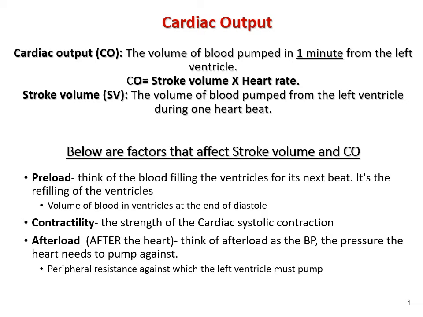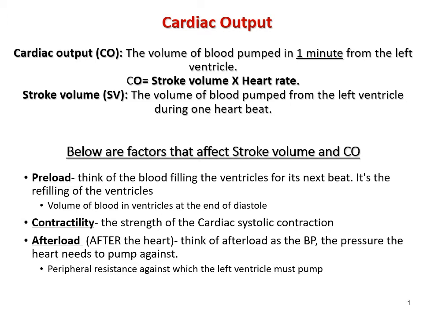So, for example, if you don't fill the ventricle from the atrium because you're low on blood, your preload is going to be very low, and so you won't have much to pump out. Preload will make more sense as we go along, but it tells you how much did the ventricle fill during diastole.